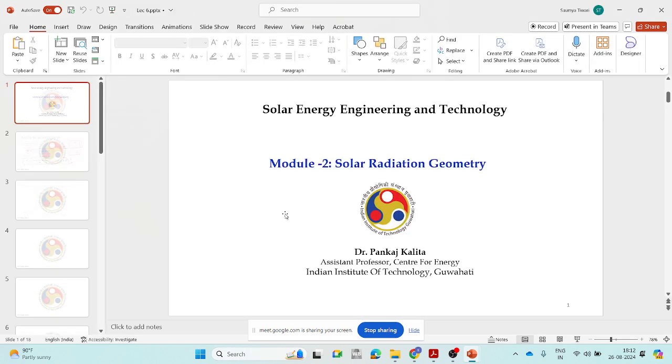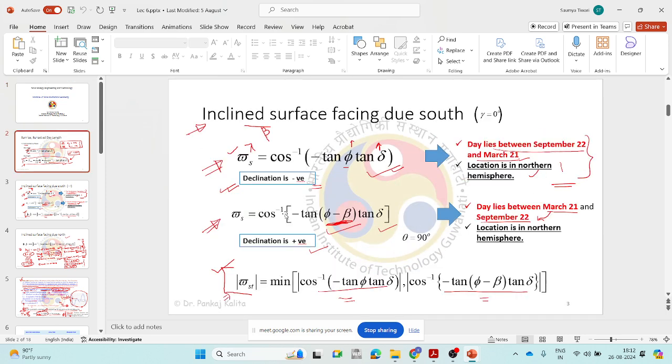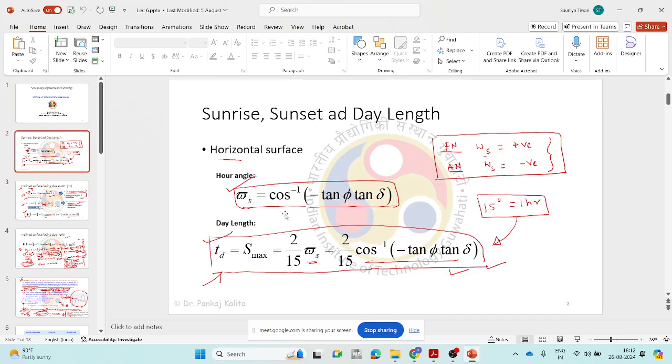So sometimes 2 by 15 omega is directly used to calculate the day length. But for omega s, your formula is cos inverse of minus tan phi and tan delta. That too varies in the northern and southern hemispheres. So you can see that omega s is the angle corresponding to sunrise and sunset. Its formula is given here.